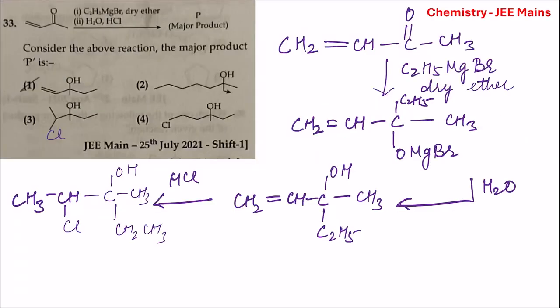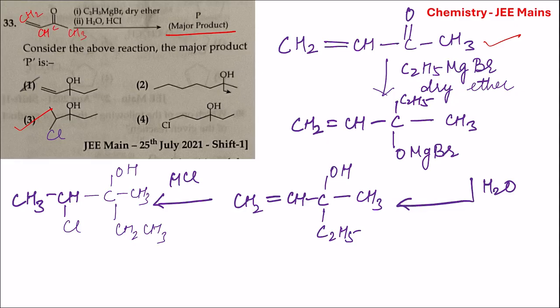Now in this question we have to find the major product. The major product is option 3. So how does the reaction take place? This is the reactant. Here there is CH2, here there is CH, then CO, then CH3.